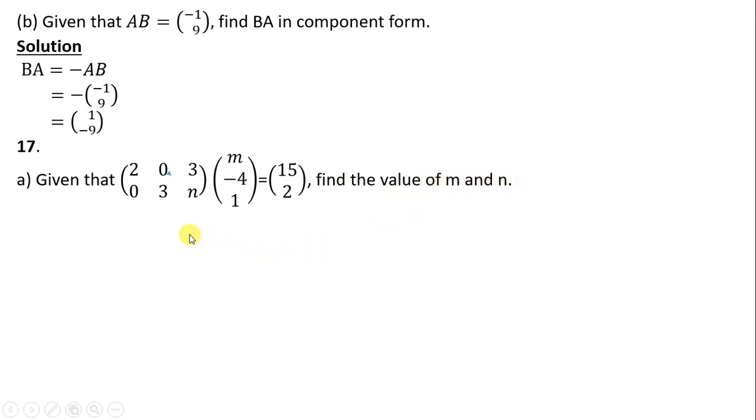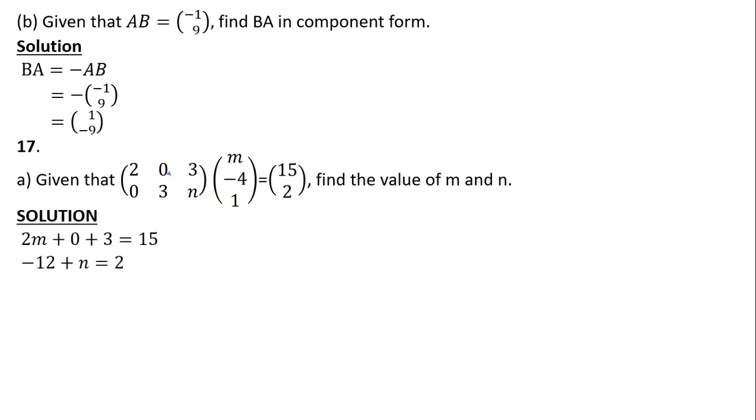We multiply that row times that column to equal 15, and the second row times that column to equal 2. So 2 times m plus 0 times negative 4 plus 3 times 1 is equal to 15. For the second row, 0 times m plus 3 times negative 4 plus n times 1 is equal to 2. Let's do that.